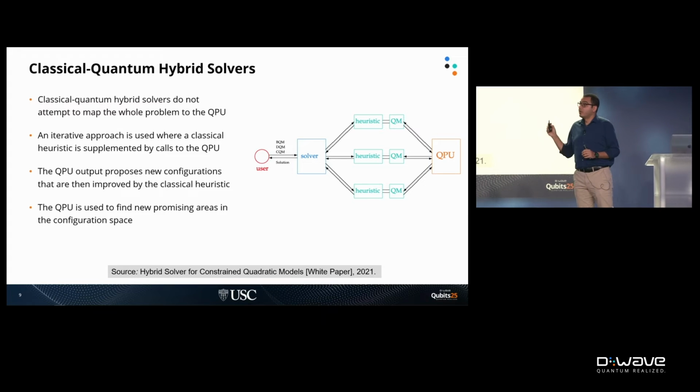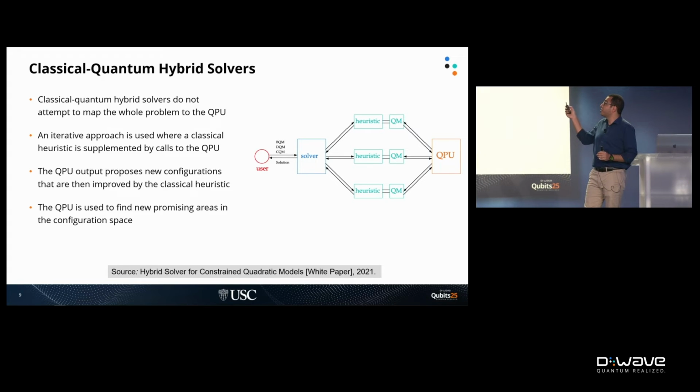OK, so we specifically chose the classical-quantum hybrid solvers because they somewhat match the specs of the problem that we are trying to solve. Basically, they are successful in mapping a very large problem space to the QUBO. Of course, it's iterative and also combines some classical heuristics, but this is fine in our case because we also have some heuristics on our side to encode that can help in navigating the search space.